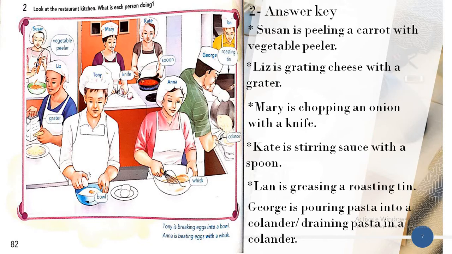Okay, you can say either pouring or draining. Both are correct. So dear students, make sure you check your answers. If you have anything not correct or not clear, please correct it.